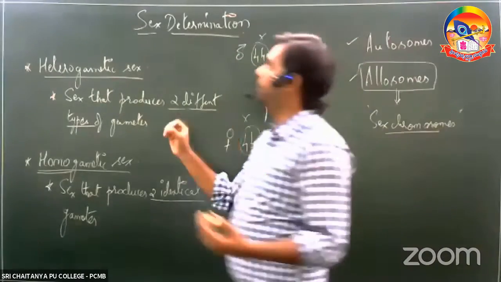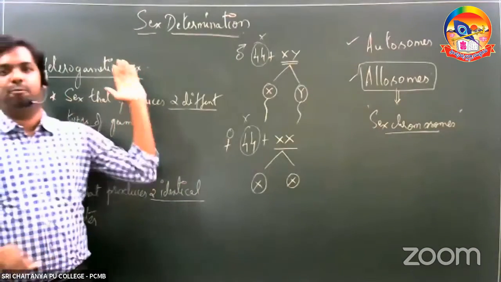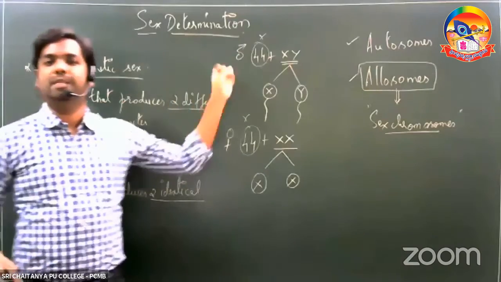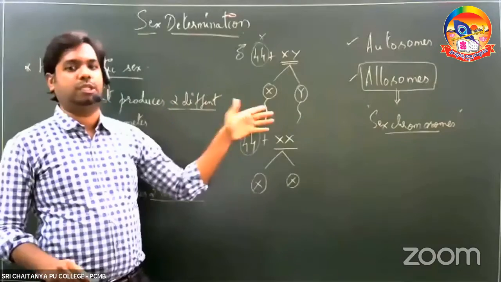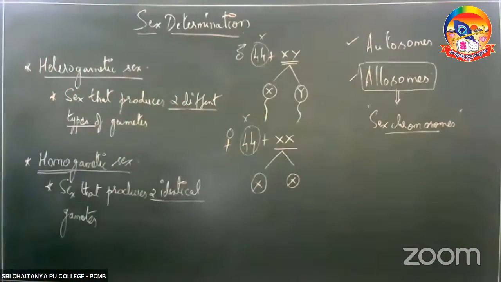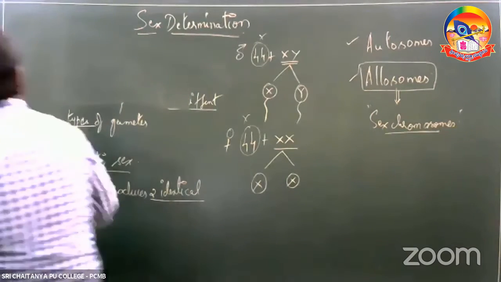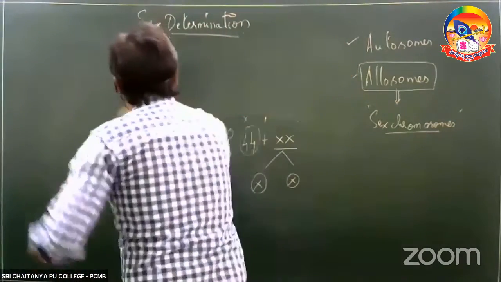Now, the first type of sex determination we'll be talking about is, as I've already said, we have begun with the chromosomal basis of sex determination. So under chromosomal basis of sex determination, we'll be getting into internal classification again. So let us see the classification and then we'll get into the sex determination pattern seen in case of different organisms.